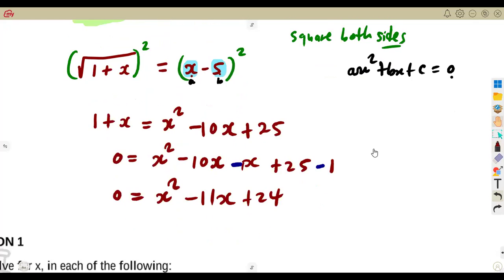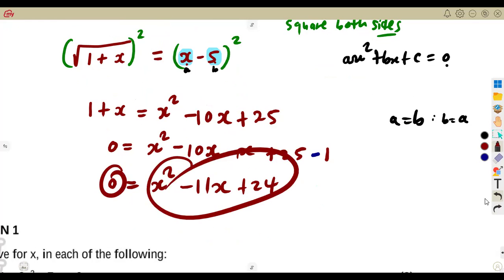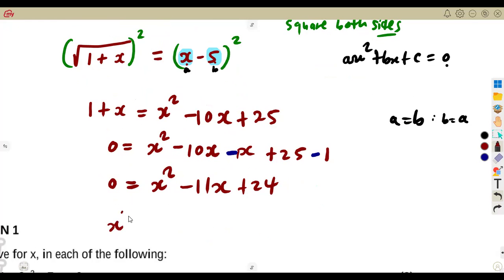As we understand, if A is equal to B, it simply means that B is equal to A. So if I write this is equal to 0, it's still the same as what I'm having here originally. So I can choose to start with my algebraic part here, x squared minus 11x plus 24, that's equal to 0, like that.